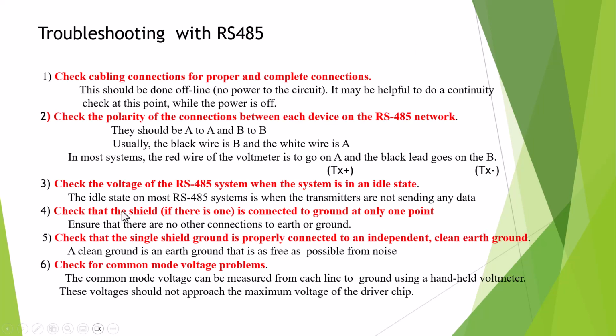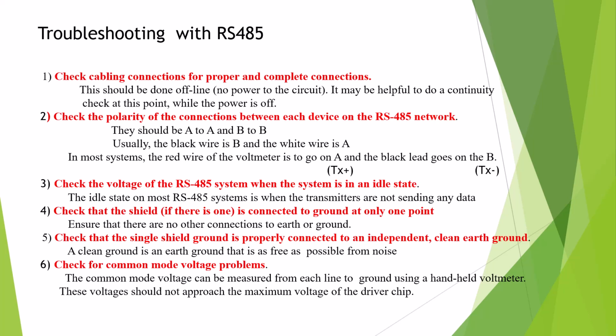Then you check the shield is connected to ground at any one point. That's very important. We should remember, for all instrumentation, the shield is grounded at just one point. If you ground the shield at two points, that makes a ground loop and creates noise that affects the signal.